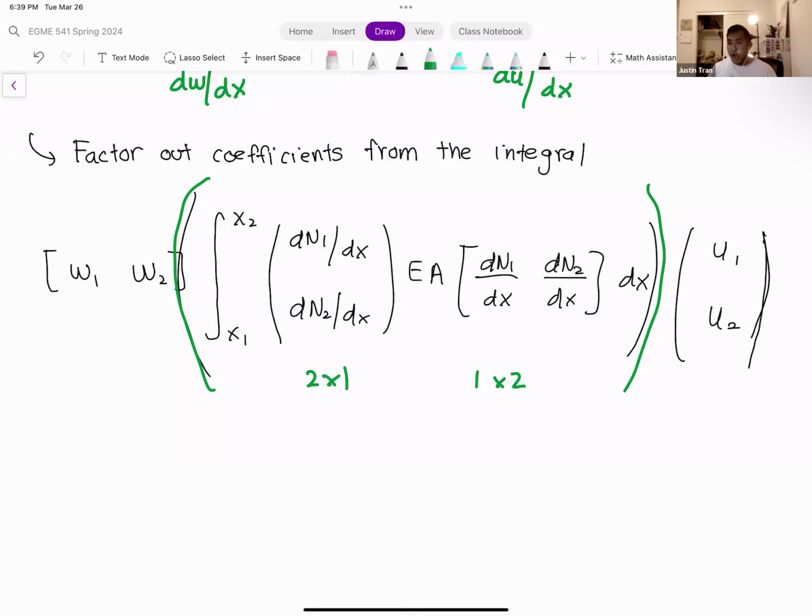When you multiply these two vectors together, it gives you a matrix, and there's no accident that we got a matrix there. That matrix is going to form our element stiffness matrix. So this integral right here is the basis of our element stiffness matrix for our finite element form.